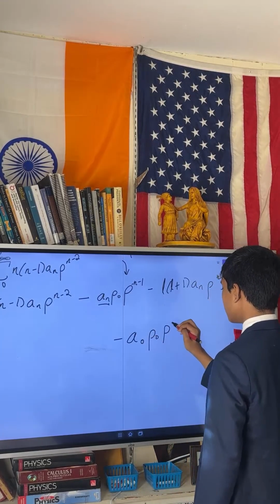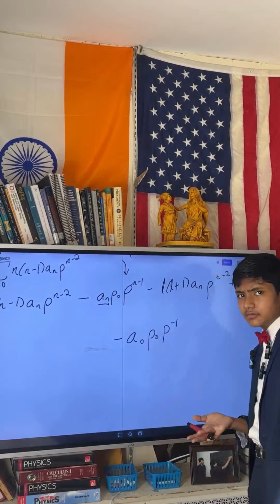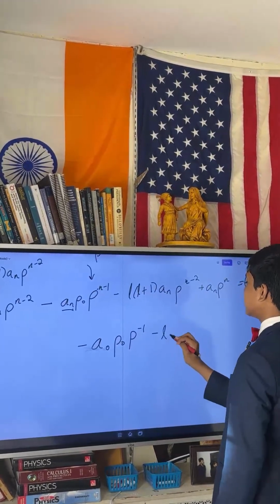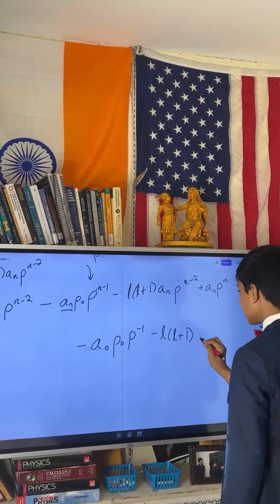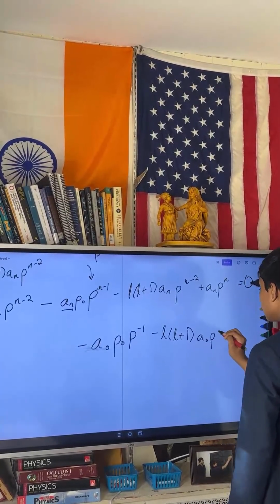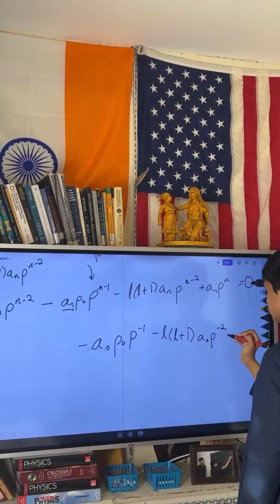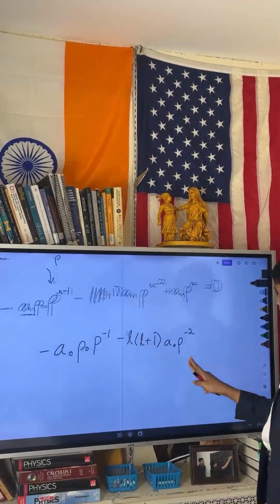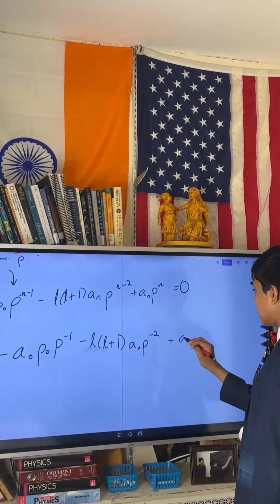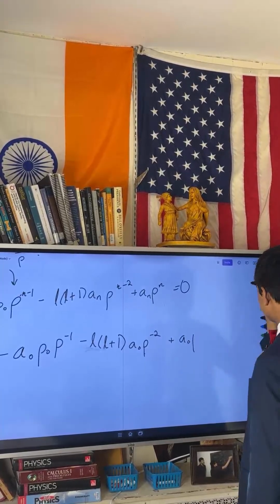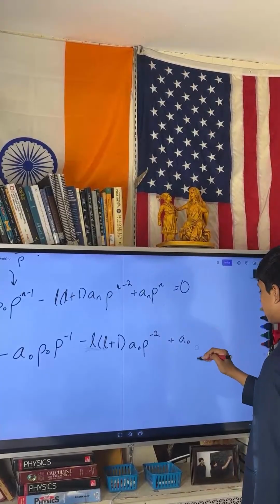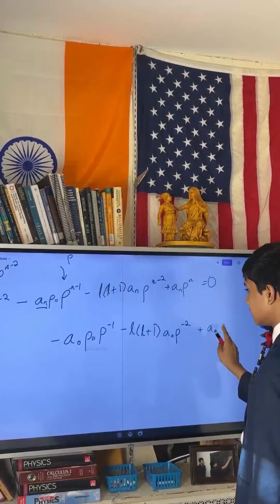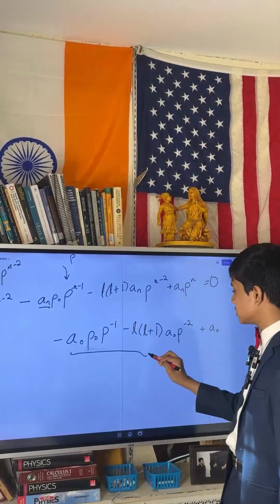Rho to the n minus 1 becomes rho to the minus 1 for n equals 0. What do we do? Well, minus L times L plus 1 a naught rho to the minus 2, plus a naught, well, there is no rho to the 0. Rho to the 0 is 1. That is the term for n equals 0.